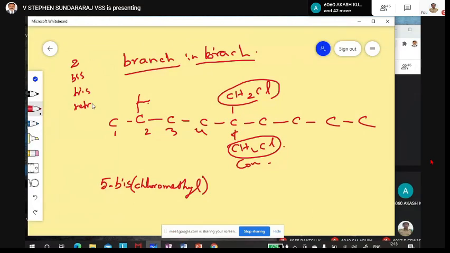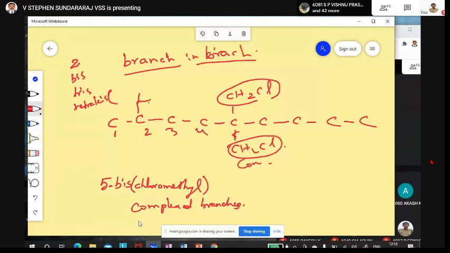These are the words. And not only that, after the name, it should be inside the parenthesis. These are the things you have to use for complex branches or complex substituents. Remember that. That is a very important thing. So follow that. So these are all about the IUPAC nomenclature.